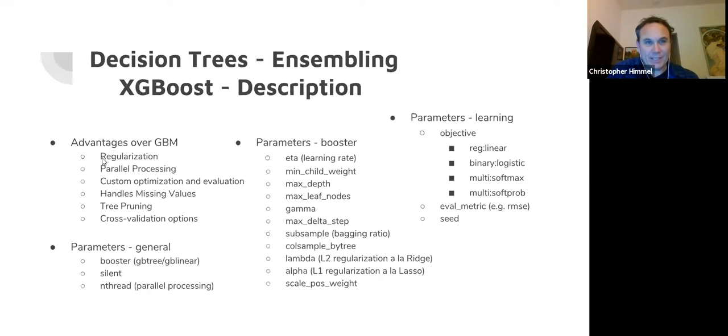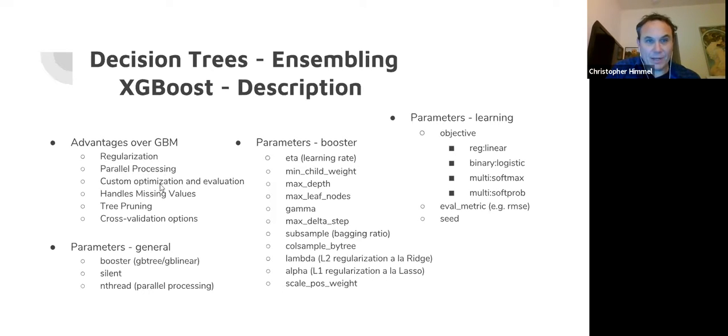The advantages that it has is it's got regularization in it, L2 and L1 regularization to help with overfitting. It has the ability to take advantage of parallel processing. So if you have more than one processor, you know, quad processor, then this will take advantage of that, whereas the gradient boost algorithm doesn't.